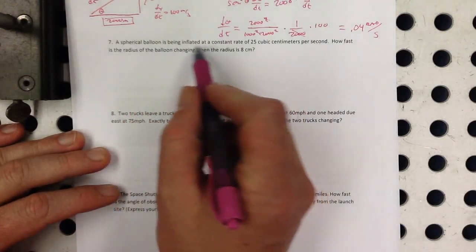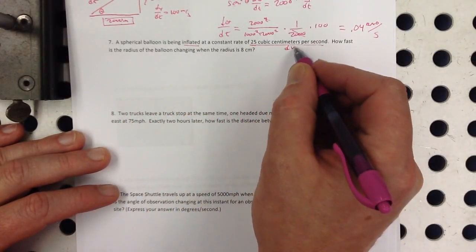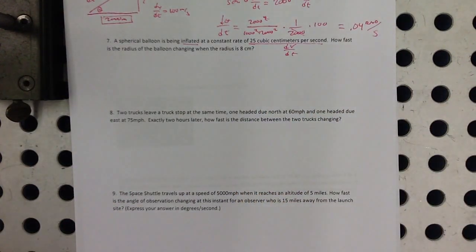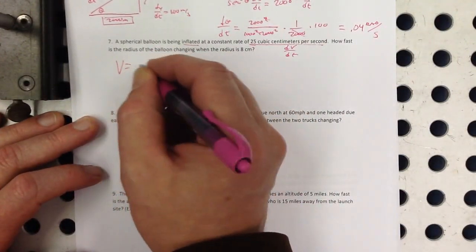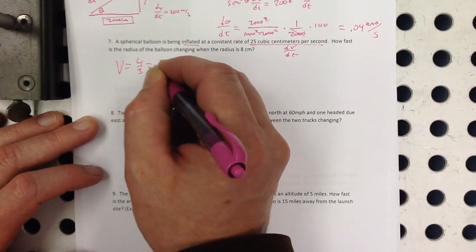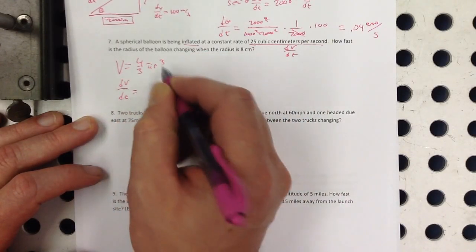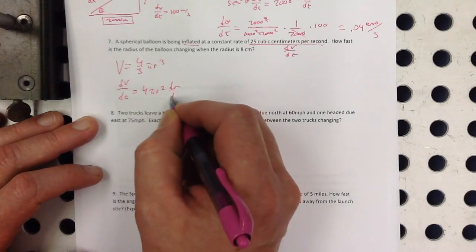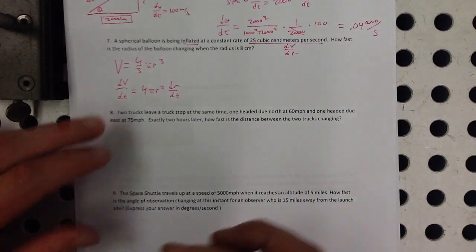A spherical balloon is being inflated at a constant rate. So that's dV/dt, that's the change in volume. How fast is the radius of the balloon changing when the radius is 8 centimeters? So volume of a sphere, 4/3 pi r cubed. Derivative, dV/dt, is equal to 4 pi r squared dr/dt. Trying to find dr/dt.